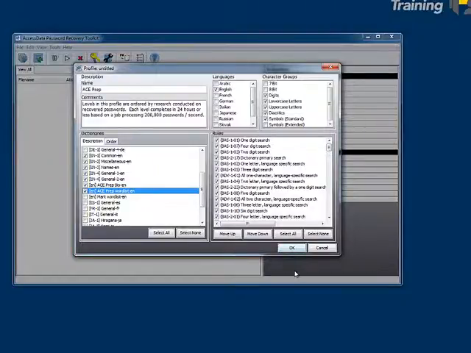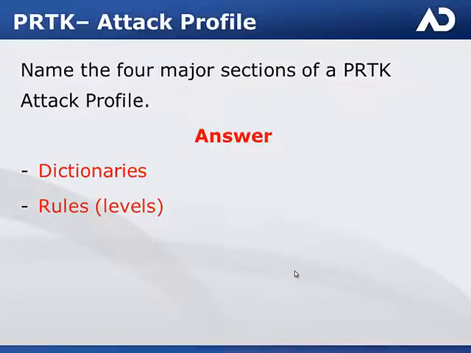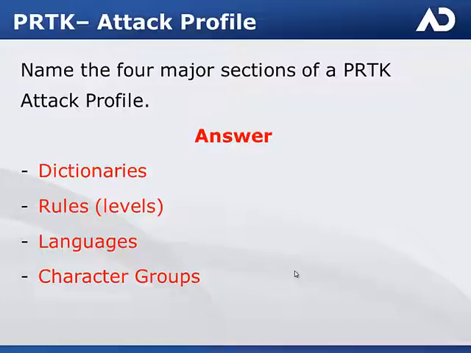And at this point, we can answer another one of our study points. Name the 4 major sections of a PRTK attack profile. And the answer is dictionaries, rules or levels, languages, and character groups.